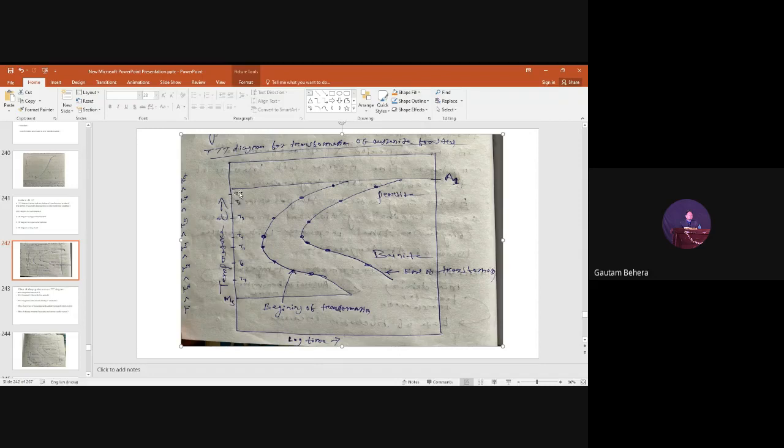Similarly, if you go to a low temperature, suppose at T5 now. At T5, you can see the incubation period is very small. Why is this happening? Because the difference between the A1 temperature and T5 is very high. So undercooling is very high. If undercooling is very high, the austenite becomes more unstable, so it will try to transform easily and quickly.